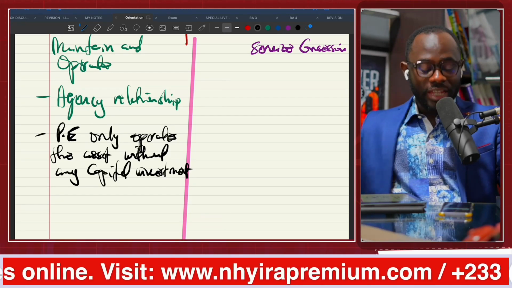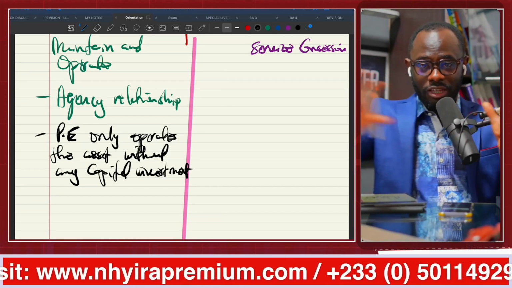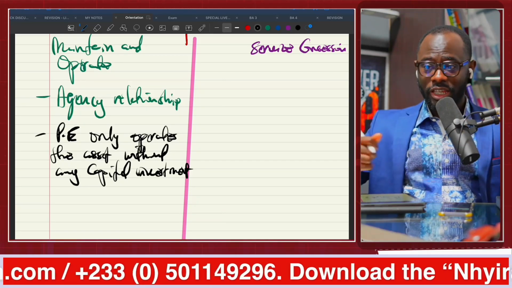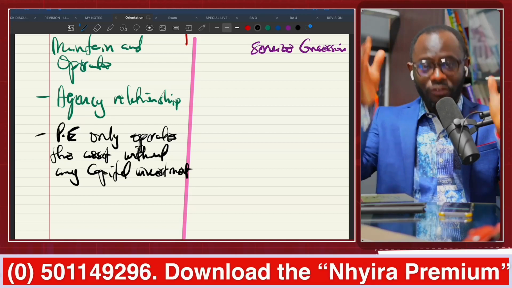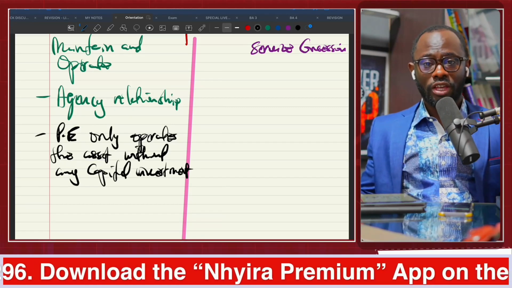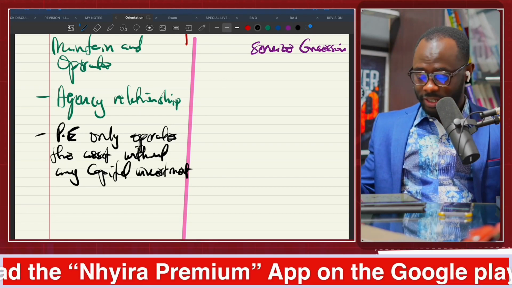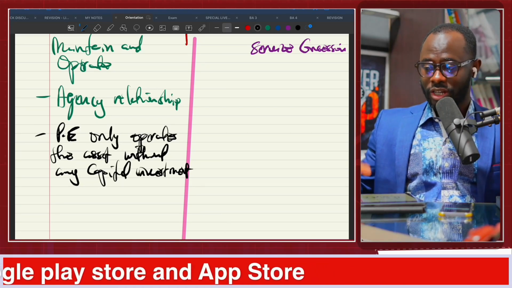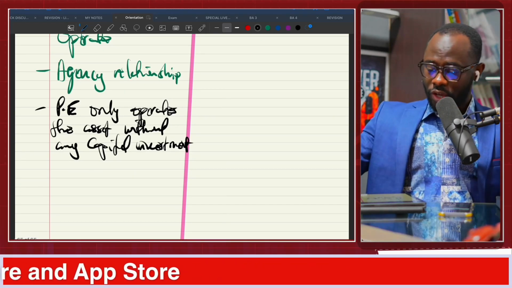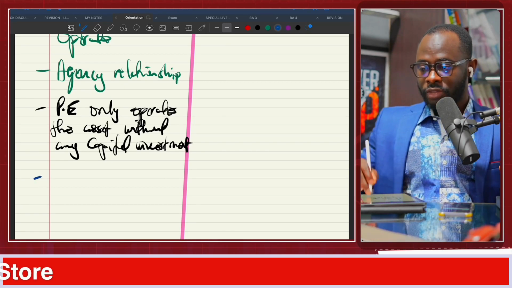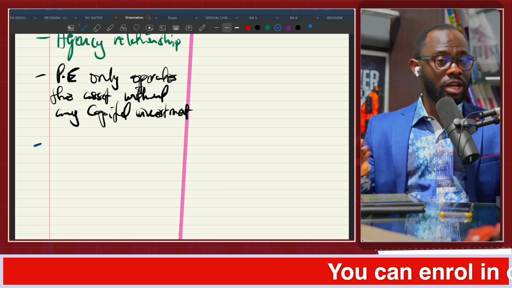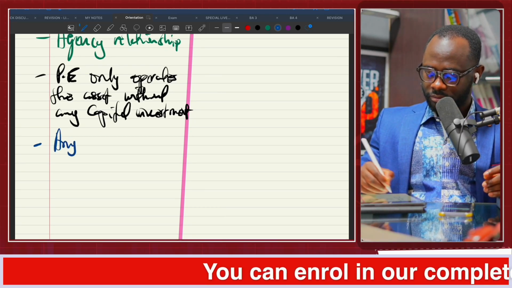Because if you're an agent, you don't invest. So any money that is needed to ensure that the service will be rendered, any money that is needed to ensure that productivity is increased, any money that is needed for the day-to-day running of the affairs of the entity in question will be provided by the government or by the contracting entity. And so here there is no sharing of risks, because any risks associated with the asset are solely borne by the contracting entity.